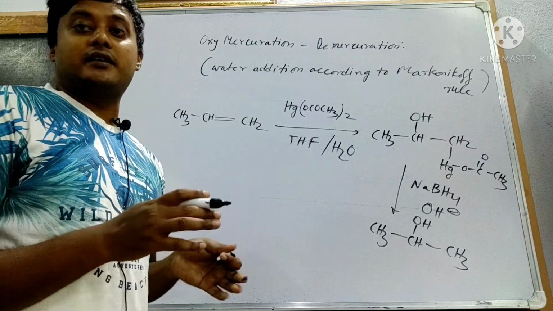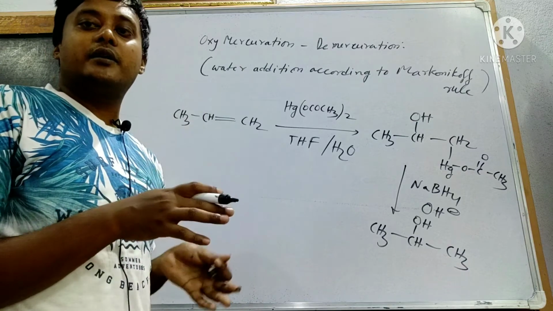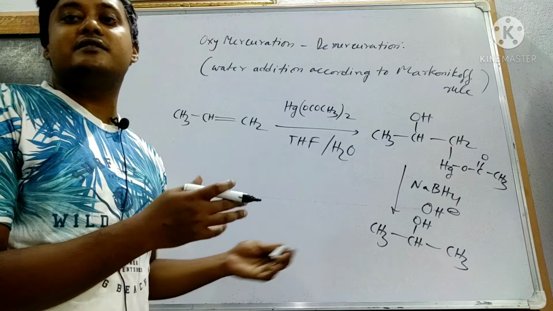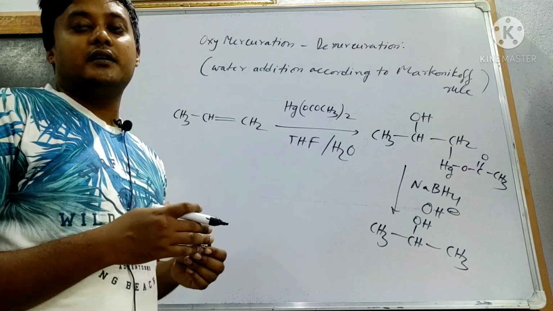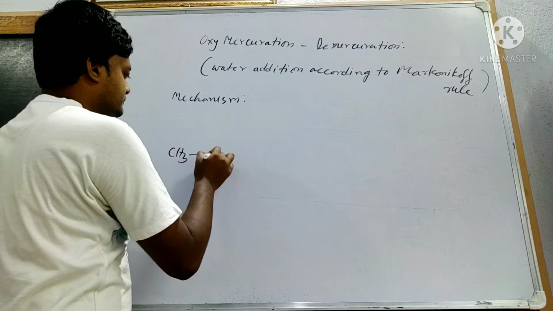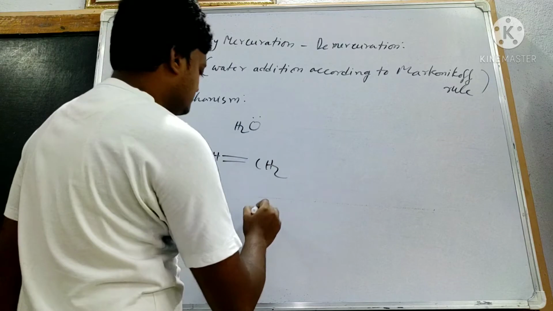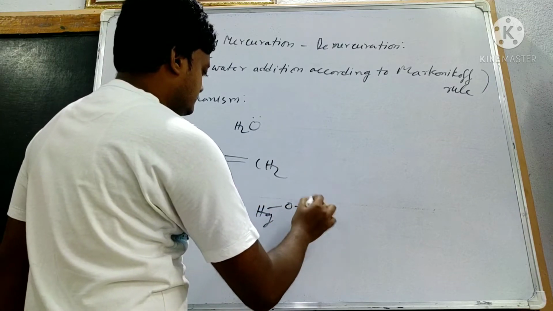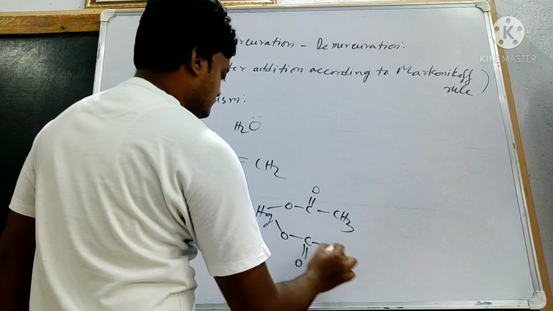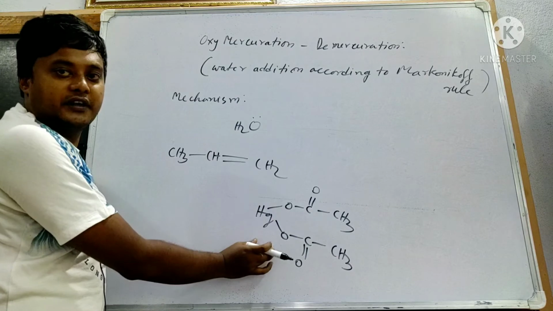Next we have to learn the mechanism. Now see, all these mechanisms are not in our syllabus, but if you learn the mechanism, you can easily remember all these reactions. You do not have to memorize the product if you remember the mechanism. See, first step what happened? Water, propene, mercuric acetate.